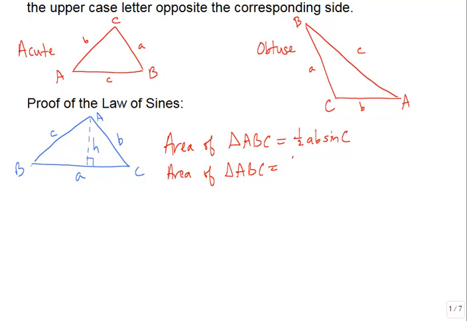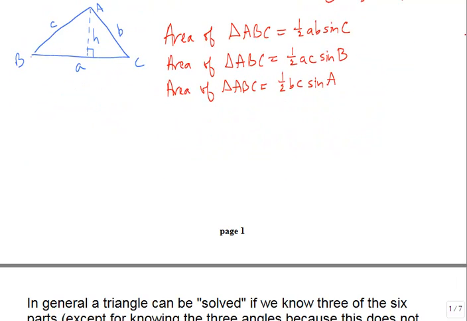Then the area would be 1/2 side a, side c, and the angle in between those 2 sides is angle B, so this would be sine of angle B. A third possibility would be to say that the area of triangle ABC must be 1/2 these 2 sides, side b and side c, times the sine of the angle in between, which is sine of angle A. Now, since all 3 of these formulas are calculating the area of this triangle, then all 3 must be equal, because there's only one area for this whole triangle.